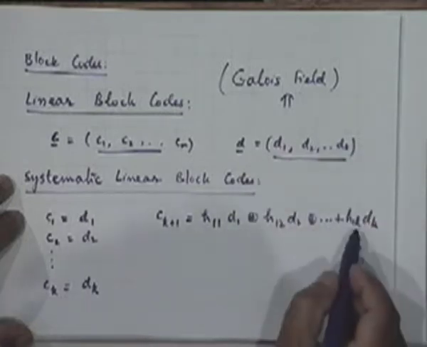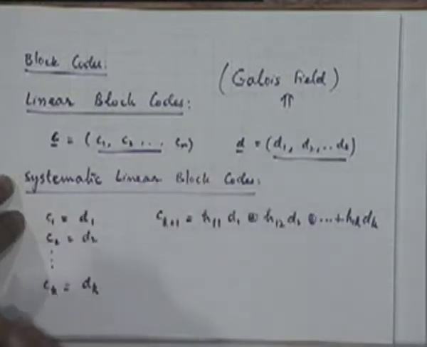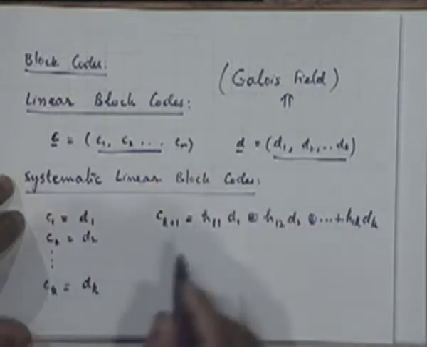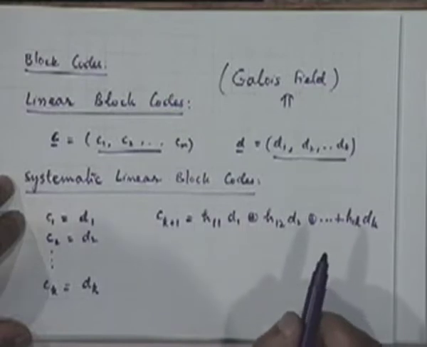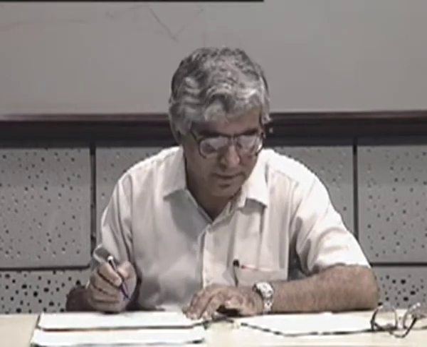Obviously, because you are working in a modulo 2 field, these coefficients also take on only the two binary values 0 and 1. Alright, D1, D2, Dk obviously take 0 and 1 values. So these operations are essentially modulo 2 operations. These are some coefficients of linear combination which you have to select, which will depend on the design of the code.